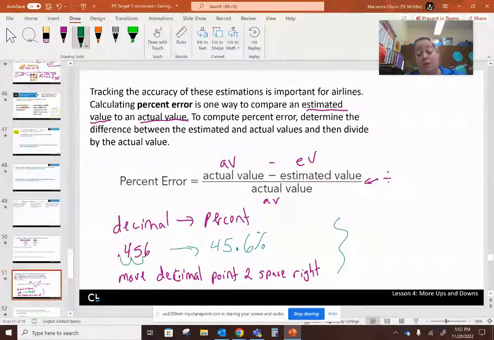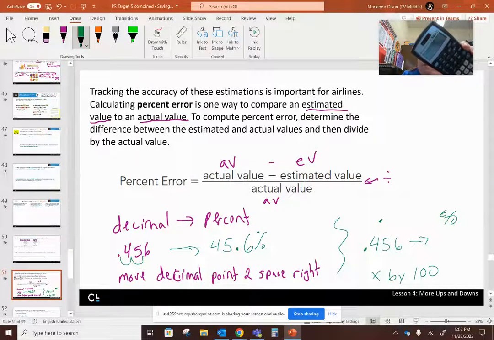Of course, the other way of doing this, if I have decimal 4.456 and I want to change that to a percent, so decimal to percent, I could just times by 100. So on my calculator, once I get that, I can do times 100, and it will give me 445.6%, and there it is as a percent.